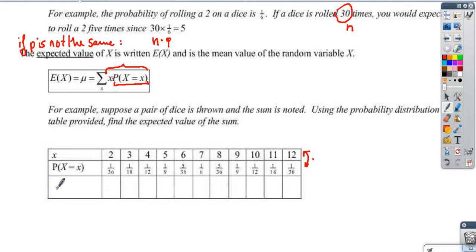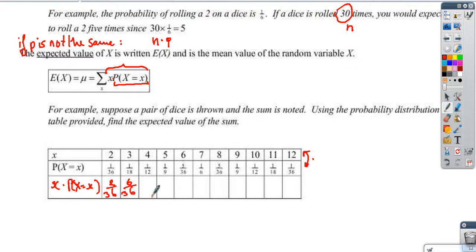So let's put that in a table. This is x times P of X equals a particular value x. Capital X and small x. And so if I multiply 2 times 1 over 36, I get 2 over 36. And here I get 6 over 36.